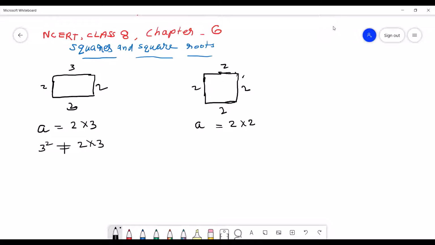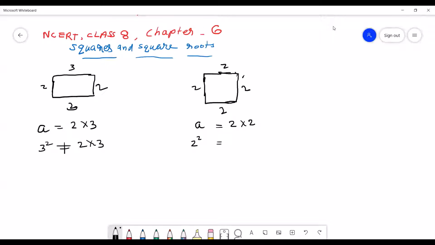And in this case, if I take the area, then 2 square, I take one number and I square it. The meaning of square here is multiplying the number with the same number.